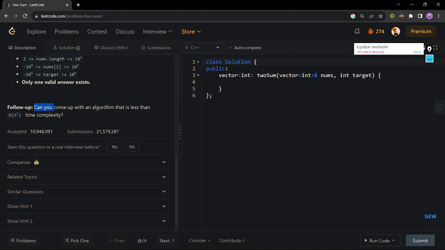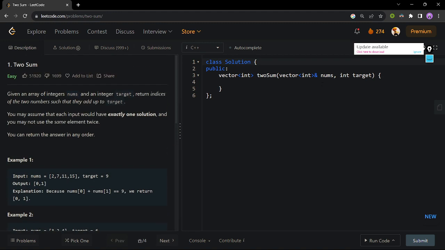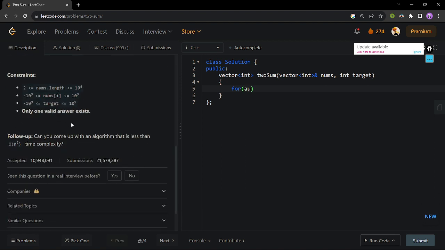And the follow up. Let me solve this question in O of n square first, then I will proceed further. If target is given, so 4, is there any negative number given?